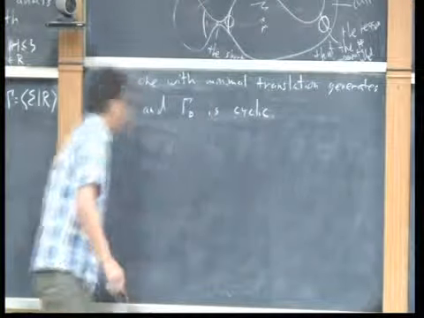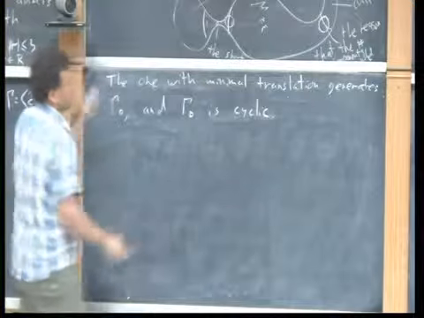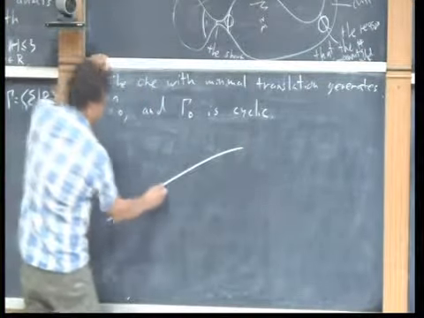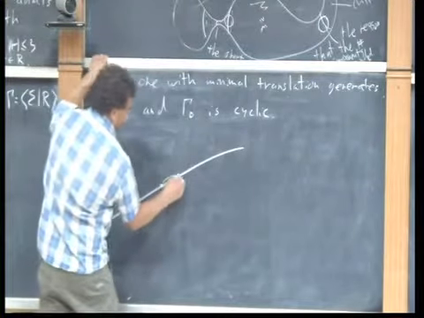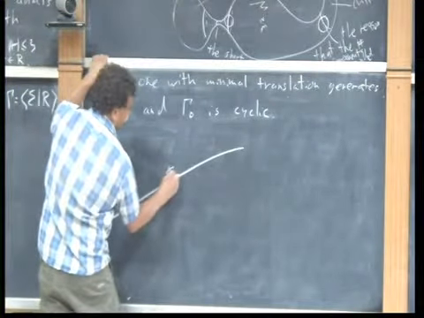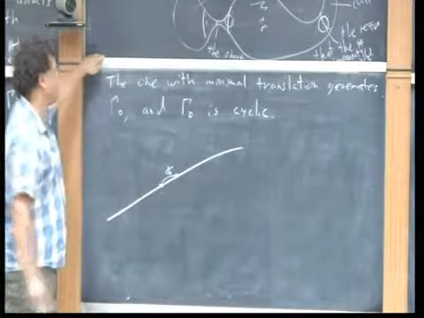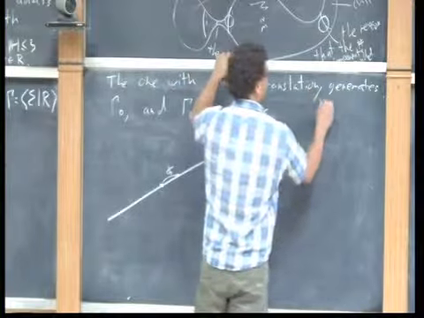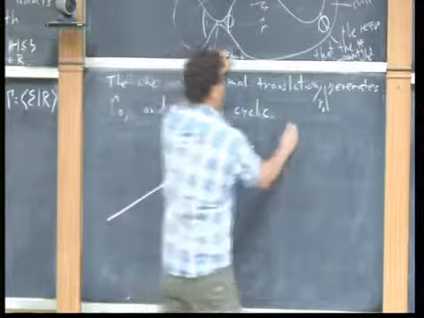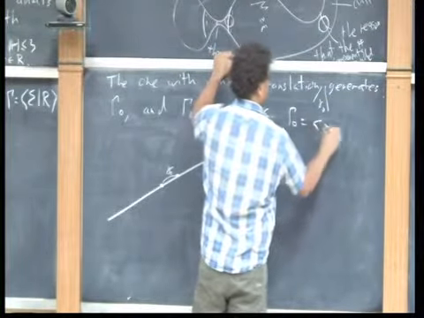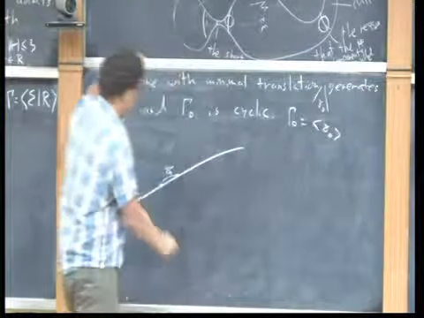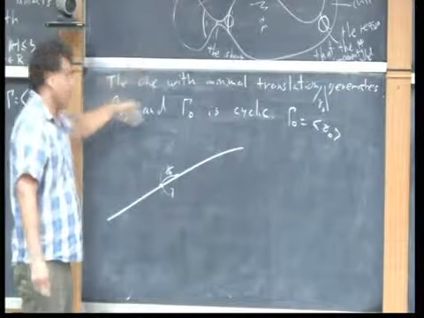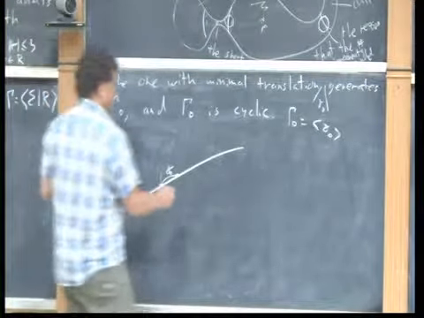And in that case, look what happens. So I'm in the hyperbolic case. You have some geodesic, and gamma naught translates along it. The one with minimal translation, let's call it gamma, and gamma naught is the cyclic group generated by gamma. So it translates and it also rotates around.